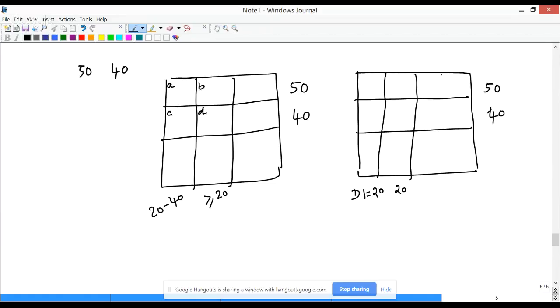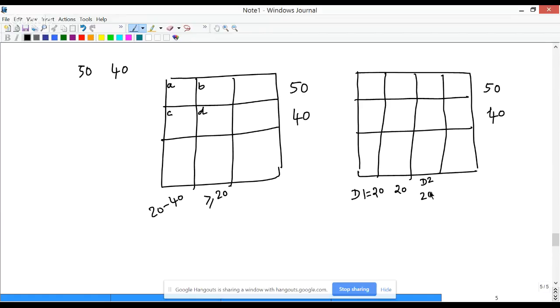Now this is the D2 person. This person says greater than or equal to 20. So for D2, the minimum commitment is 20, and this person says I can take anything that you give more than 20. So the total supply is 90. The minimum I have to give to the first person is 20, and the minimum I have to give to the second person is 20.